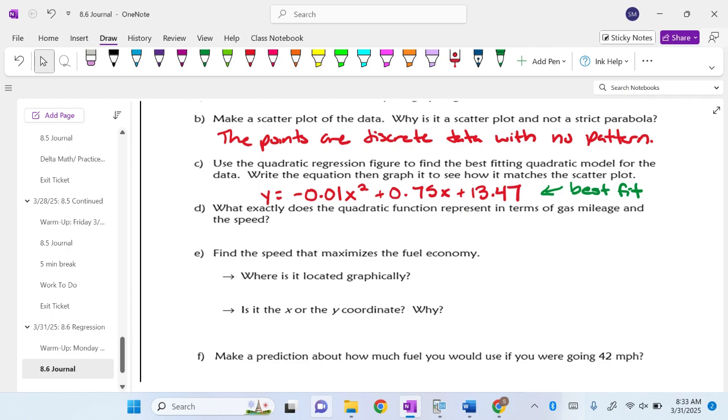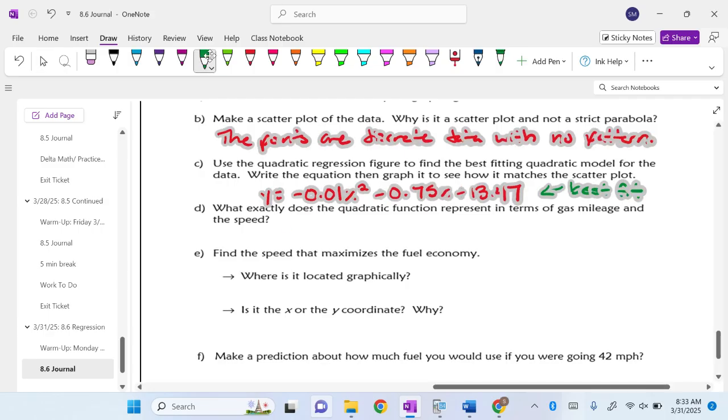So in other words, what are we looking for? If we're going this fast, how much gas are we using? All right, that's what it's looking for.